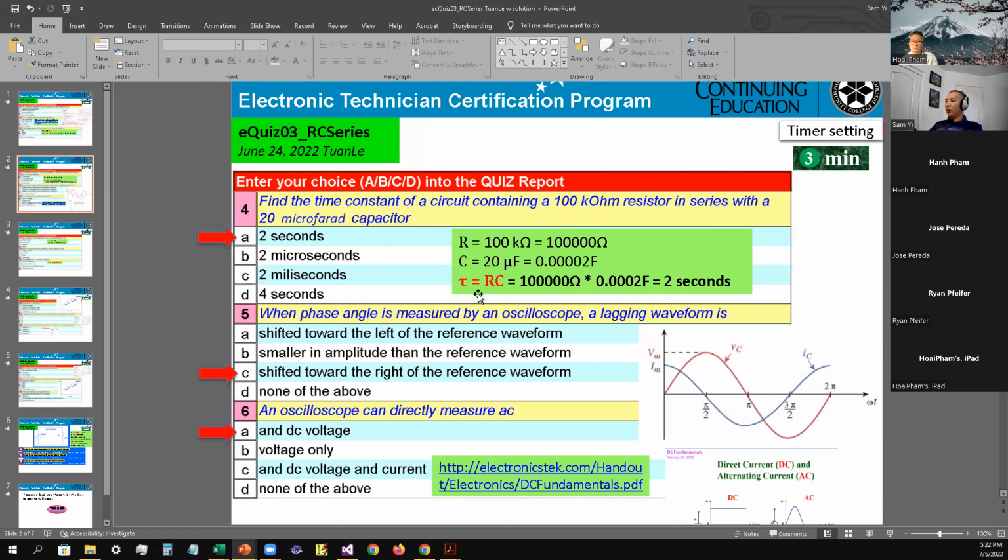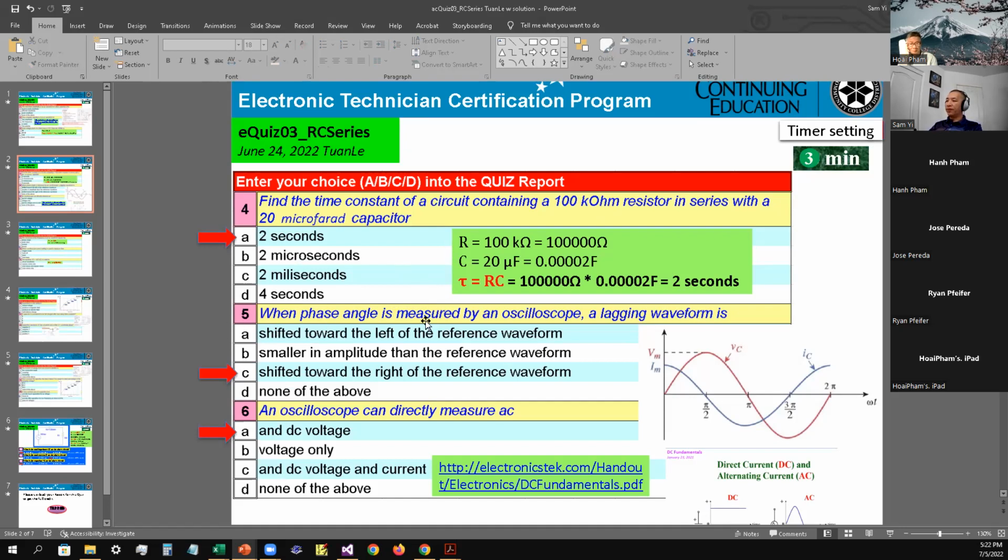So your tau or time constant is RC. So 100,000 times 0.00002 farad, if you multiply that together, you should come up to 2 seconds. So the answer is A as in apple for number 4.